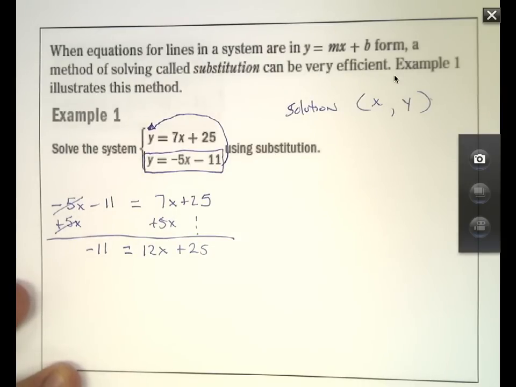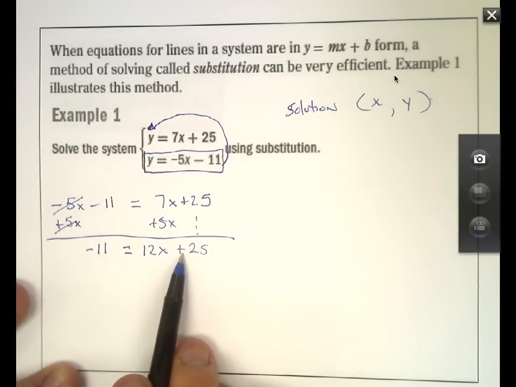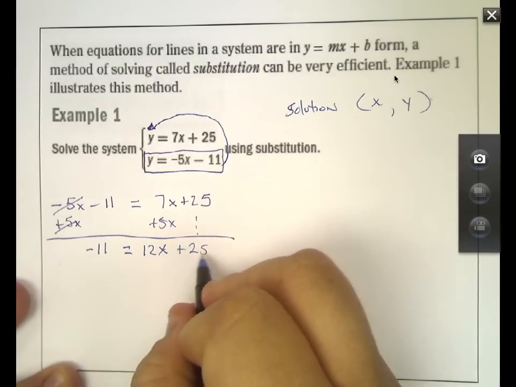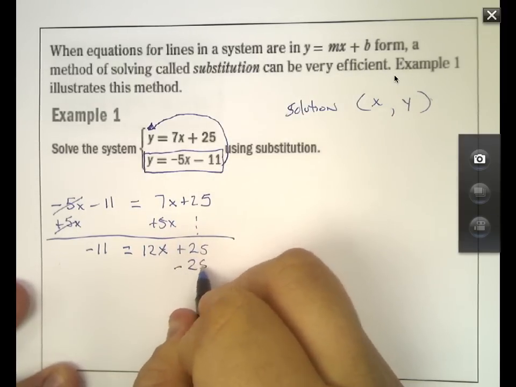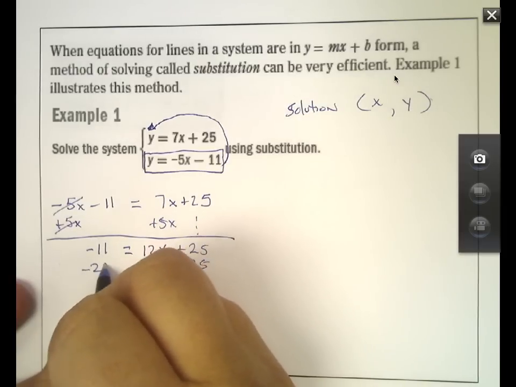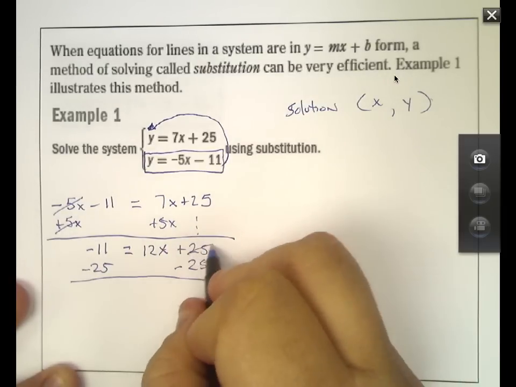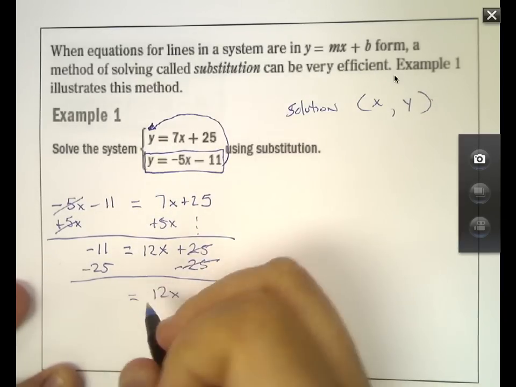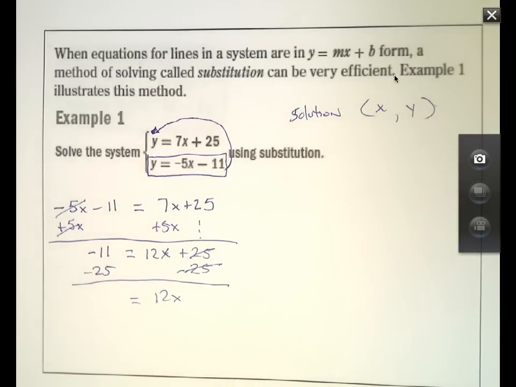Okay? Now, I got to get my 25 over to the other side. The inverse of adding 25 is subtracting 25. Now this algebra should be easy for you. That's why we worked on it for so long in semester 1, so you wouldn't make the routine mistakes in algebra.